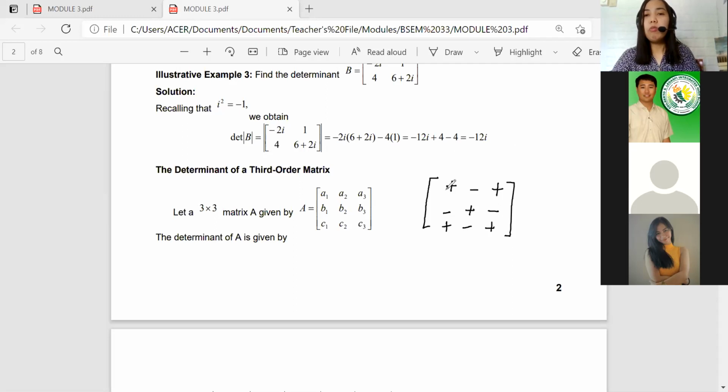If you choose row 1, the first determinant is multiplied by positive, the second by negative, and the third by positive. When you choose row 2, it's negative, positive, negative. Row 3, positive, negative, positive. For column 1, positive, negative, positive. For column 2, negative, positive, negative. For the third column, positive, negative, positive. Whatever you choose, the determinant is always the same. Okay?